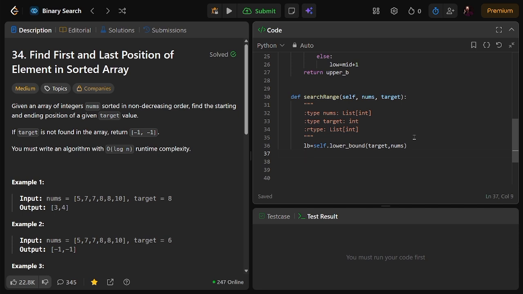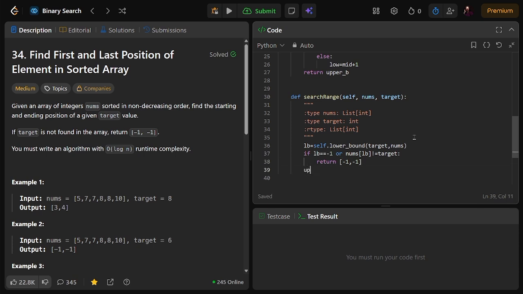In this case, if my lower bound equals minus 1, or also we can say if nums of lower bound is not equal to target, then we're going to return minus 1, minus 1. Otherwise we're going to search for upper bound also.